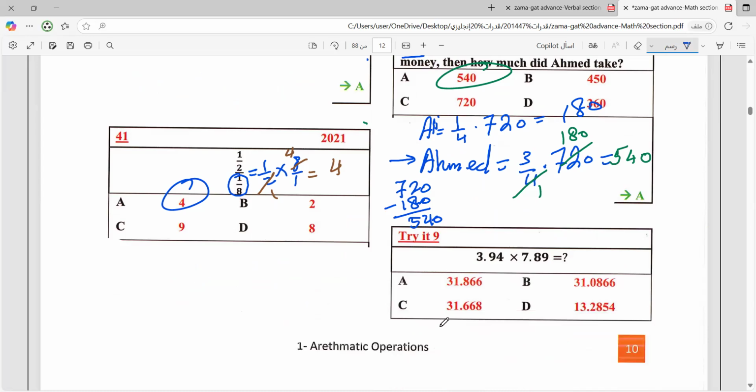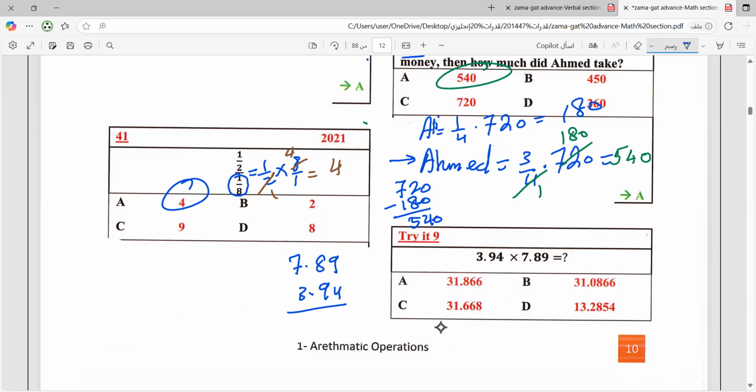Okay, now Siam, can you solve this problem? 3.94 times 7.89. How do we do this? Yes, how? Here if you multiply the normal way, it will take a long time, because this is 3 digits times 3 digits.